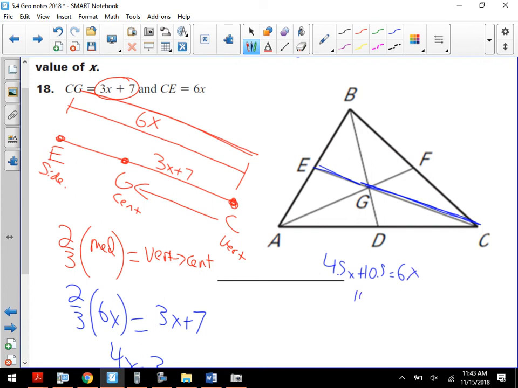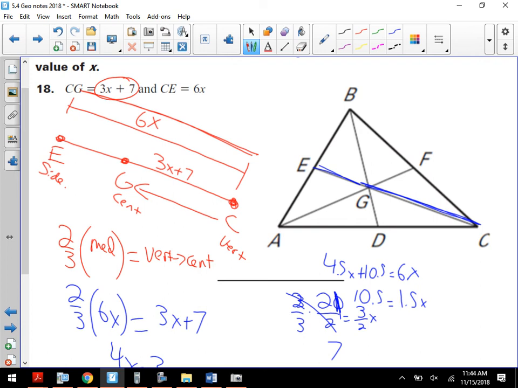Subtract it over, you get 10.5 equals 1.5x. I did something incorrect there. It's 21 over 2, which is 7. Yeah, it works. That would work just fine.